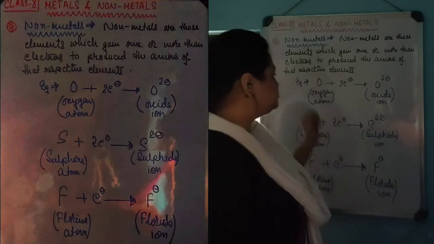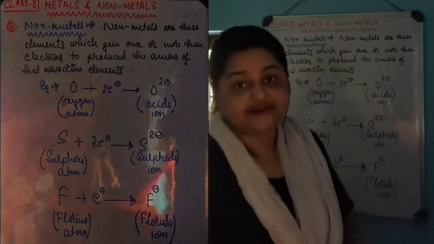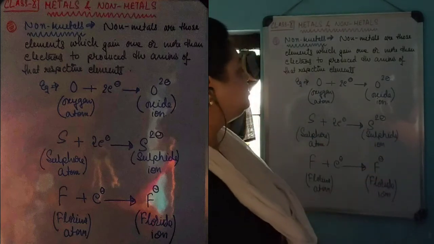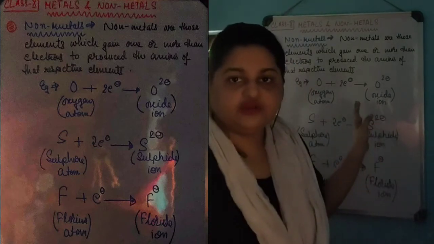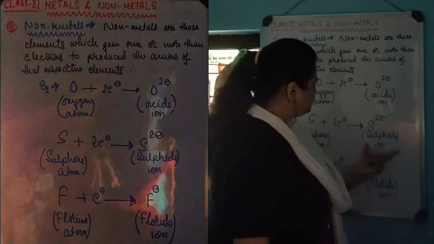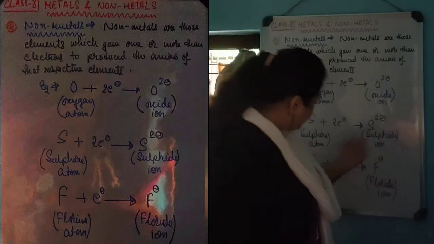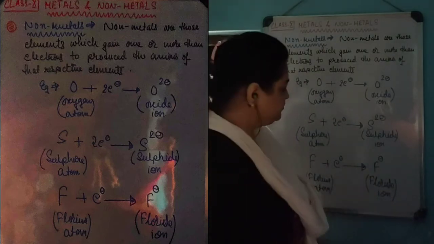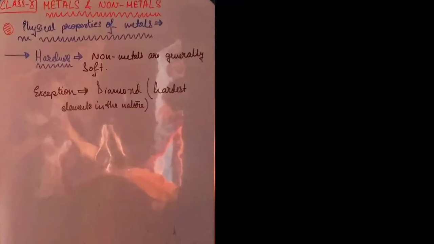Oxygen gains 2 electrons and produces the oxide ion, O2 minus. Sulfur, again by gaining 2 electrons, produces the sulfide ion. And fluorine, by gaining 1 electron, produces the F minus anion, the fluoride ion.